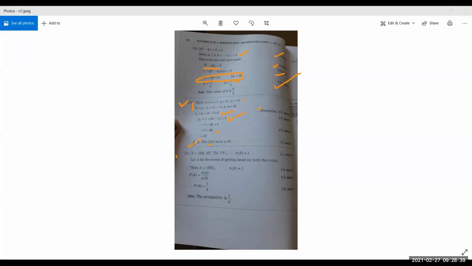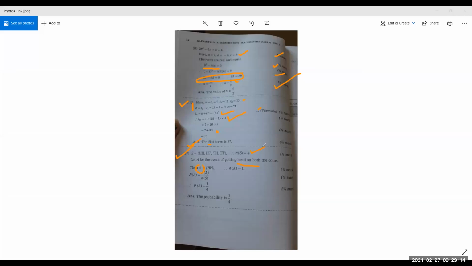Now here in the next question, again what was the question? Sample space, two coins are tossed here. We have to find the probability of A. Event A is given to us, and that event is that A is the event of getting heads on both coins here. Again, you know this very well, the probability question is asked. So writing the sample space S and n(S), for this we get the half mark. We have seen this in the lesson also. So S is important.